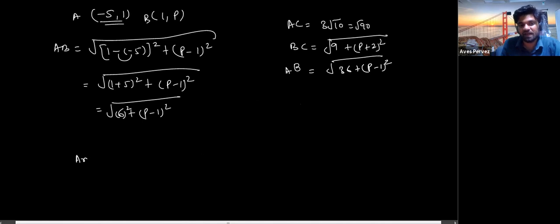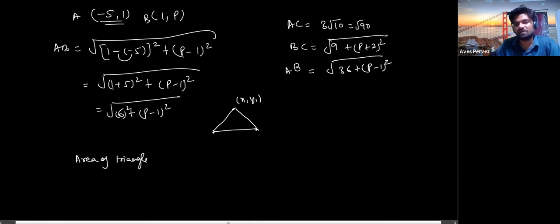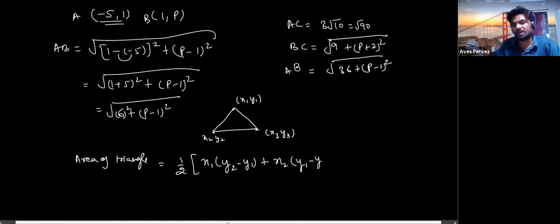We have the area of triangle formula in terms of the 3 coordinates. If we have the 3 coordinates lying somewhere, this one is x1, y1, this one is x2, y2, and this one is x3, y3. Then the formula is half into x1 bracket y2 minus y3, plus x2 bracket y3 minus y1, plus x3 bracket y1 minus y2.